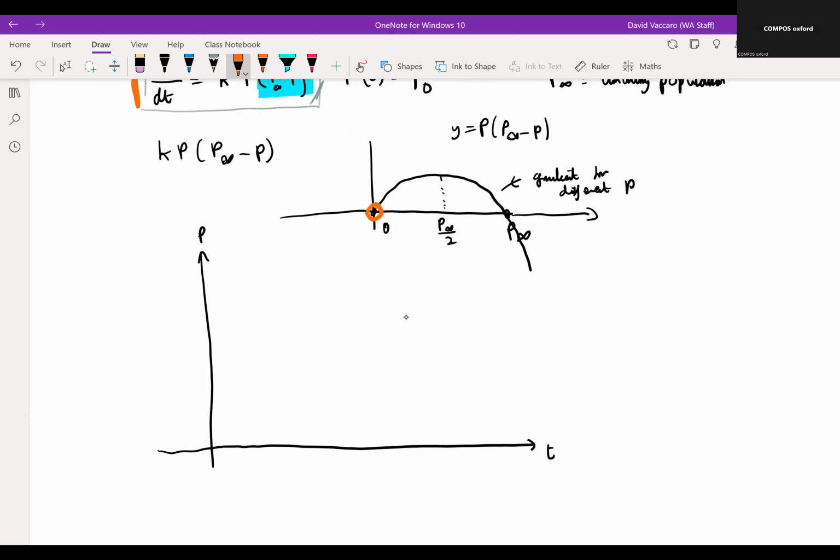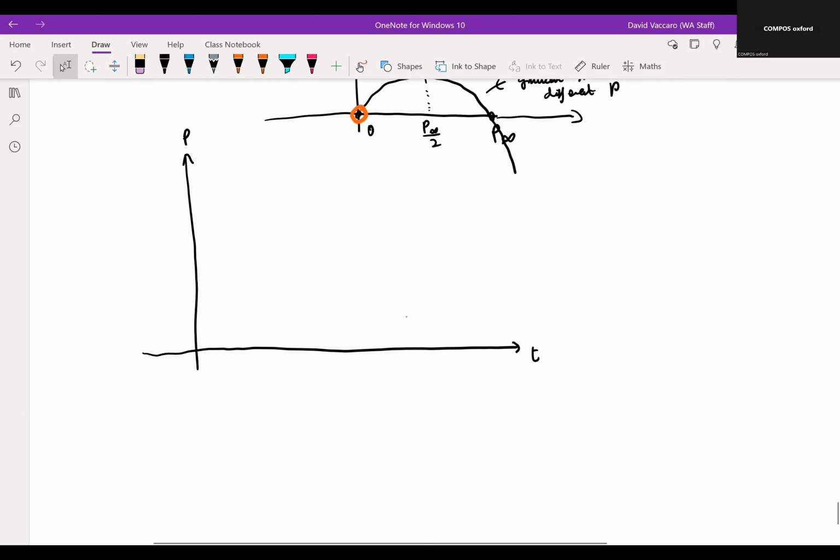So if the population was 0, the gradient of the graph would be 0. And so I can just say that if the population was 0, the graph would be flat. So I'm just going to draw lots of flat lines.